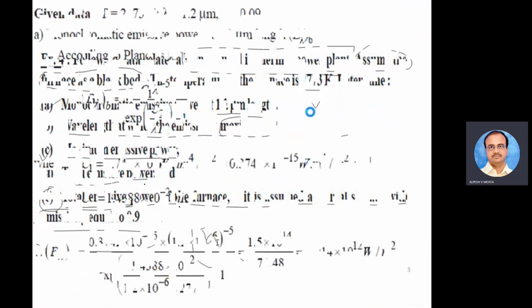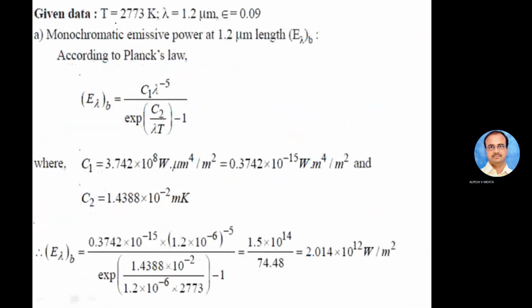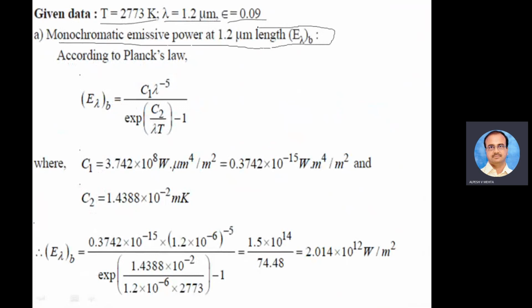What is given in the data? Temperature is given in Kelvin, wavelength is given in micrometer, and emissivity for the last case is 0.9. Now the monochromatic emissive power at 1.2 micrometer, that is E lambda b at lambda equal to 1.2, we have to find. According to Planck's law, E lambda b equals C1 lambda to the power minus 5 divided by exp(C2 divided by lambda T) minus 1.